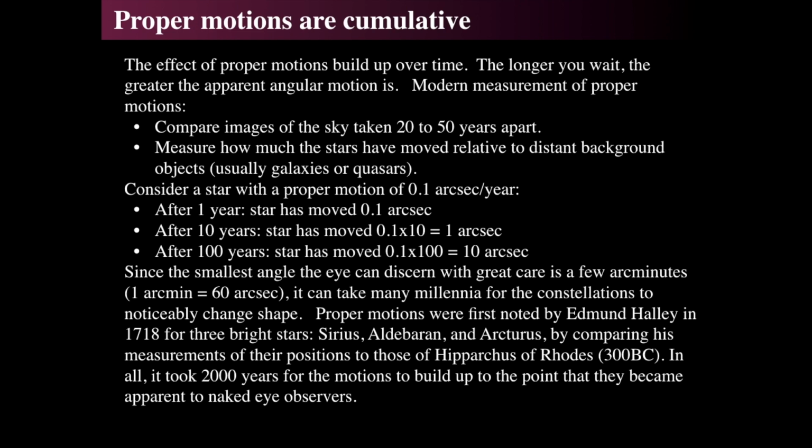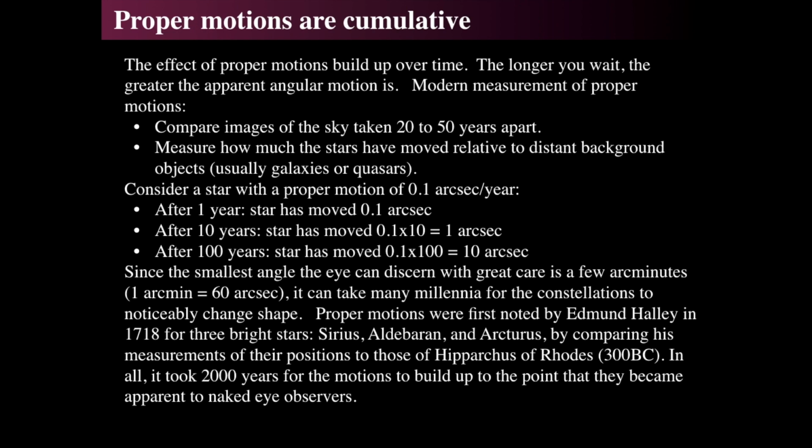And so all you have to do to find something is take images over the course of time. This is different than parallax, which kind of wags back and forth because of the Earth's motion around the sun. Proper motions keep moving, they move in their own way, and as they move with respect to the distant background objects, such as extraordinarily distant things like galaxies and quasars, you can just compare images and see what's been moving.